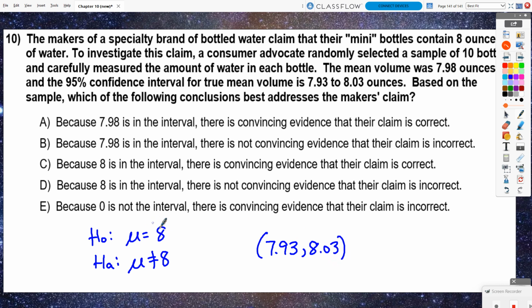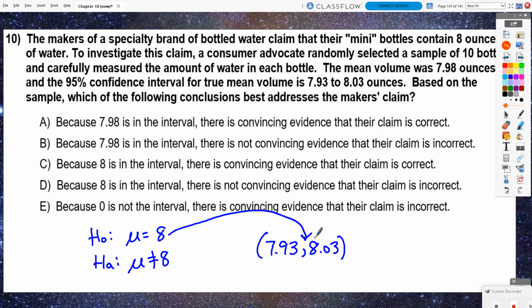So we're really testing, is the mean truly 8? Well, is 8 in the confidence interval? And it is, in fact. So if you take a look at the first parts of these answers, because 7.98 is in the interval, well, I know 7.98 is the point estimate. That was the sample mean.